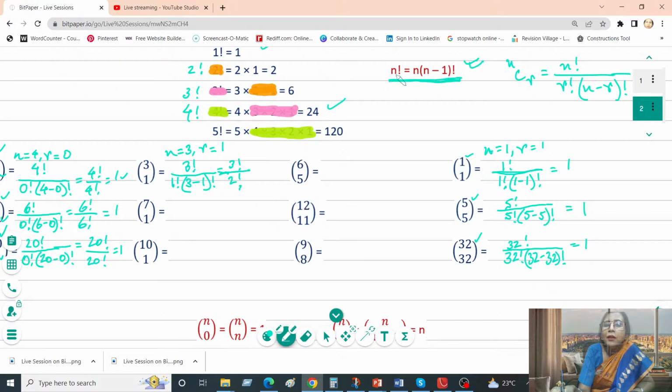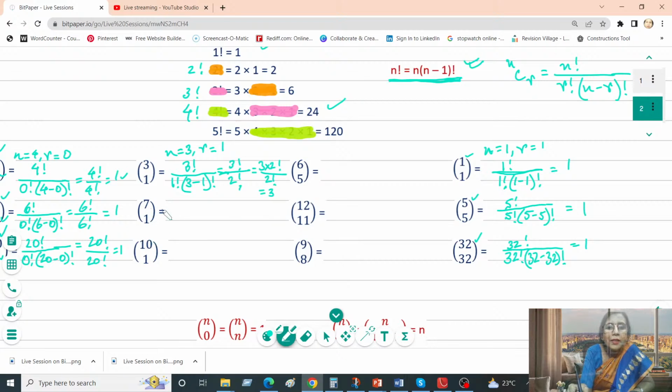So in place of n, if we write 3, it will be 3 factorial equal to 3 times 3 minus 1, which is 2 factorial. So that is what we will be writing. So this is 3 times 2 factorial over 2 factorial. So this is equal to 3. Okay. So 3C1 is equal to 3.